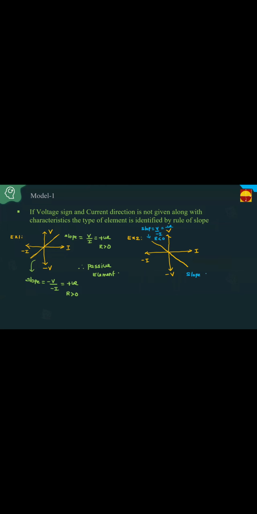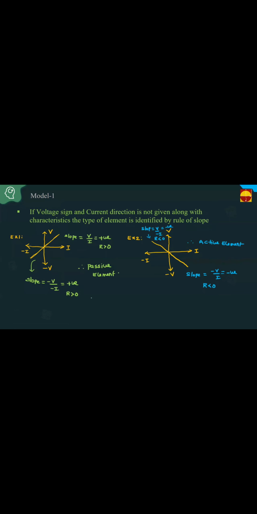Find the slope here: minus V by I. That is the negative slope, R less than 0. Then if the slope is negative, this element is which one, sir? Active element. This characteristic indicates the active element. Simply characteristics are given, you have to identify the type of element just by finding the slope.